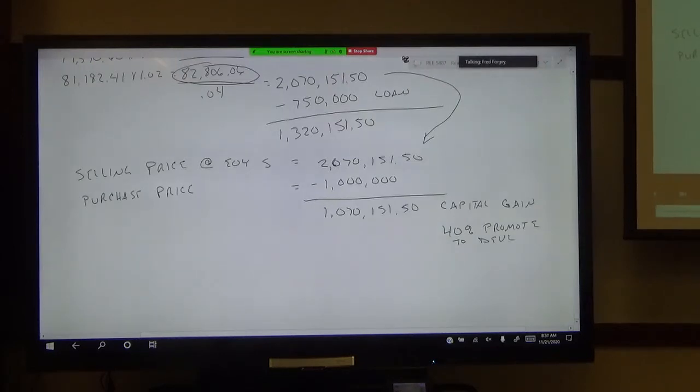So what that means is out of that $1 million, 40% is going to go to the developer, meaning we're not going to get it as the investor.